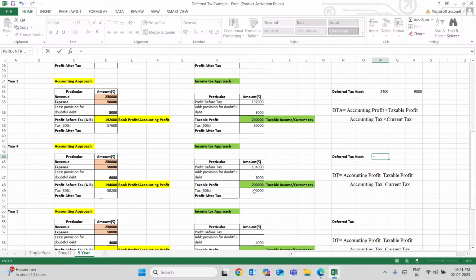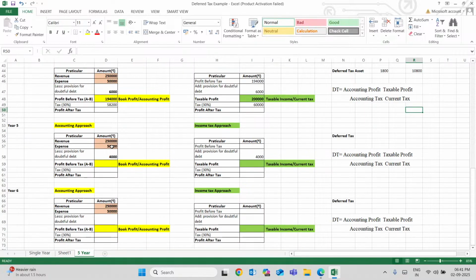We are going to add it up, but what is the total till now? We got 10,800. Then here we have 4,000, right, as a provision for doubtful debt.